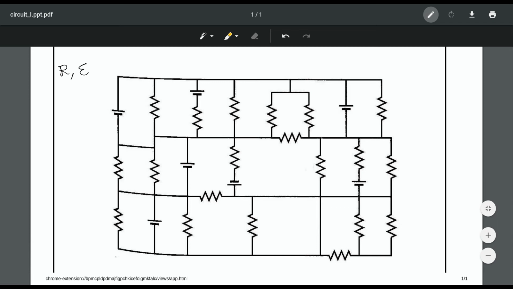If I were to just come out and guess where the lowest elevation in the circuit is, if I look at most of the batteries, most of them are oriented with the positive terminal toward the top of the page. So a logical guess would be that the lowest elevation is at the bottom of the page.